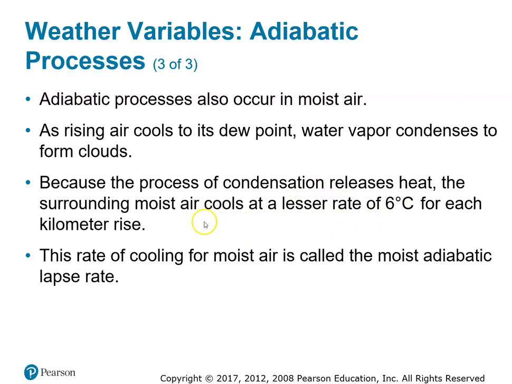So when moist air rises, you still have a decrease in temperature, but it's only roughly 6 degrees per kilometer rise. That's called the moist adiabatic lapse rate.